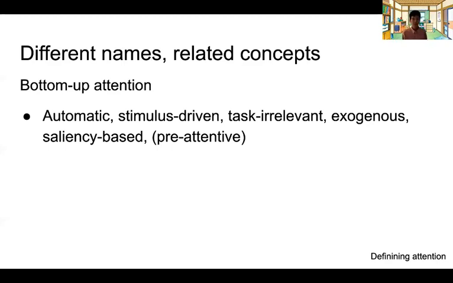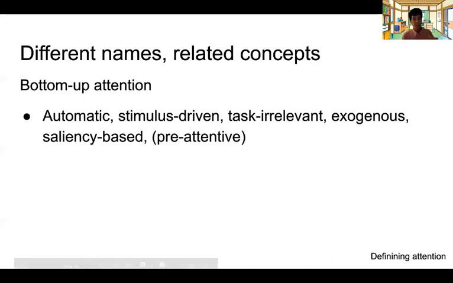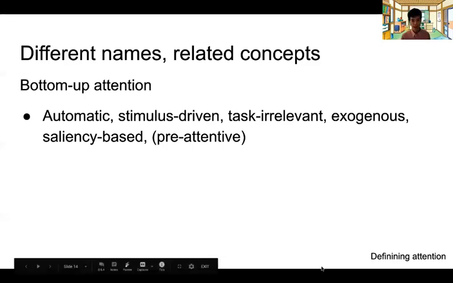And exogenous means that the stimulus is in the environment and outside of the control of your own process. And then saliency-based means that when things become conspicuous with respect to the surroundings, that captures bottom-up attention. And sometimes this is equated with a pre-attentive process. But that's a bit of a complicated concept, so I'll talk about it later.